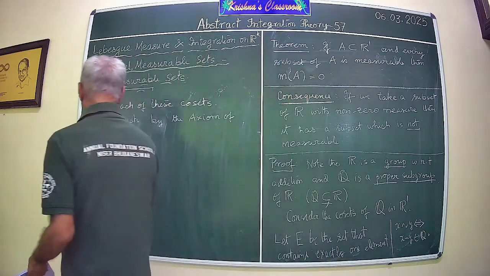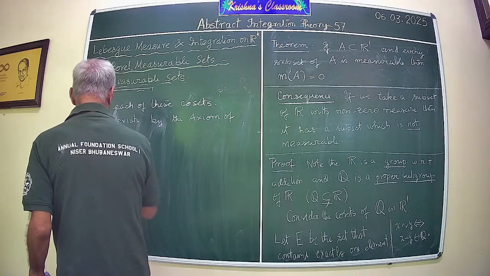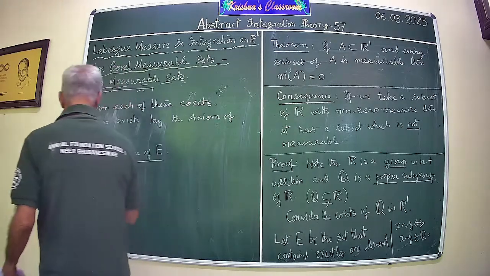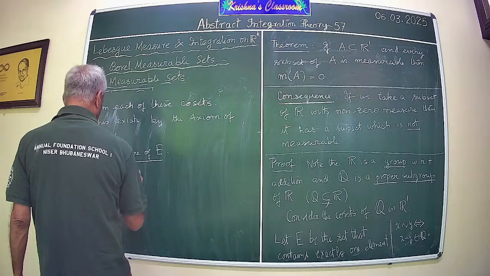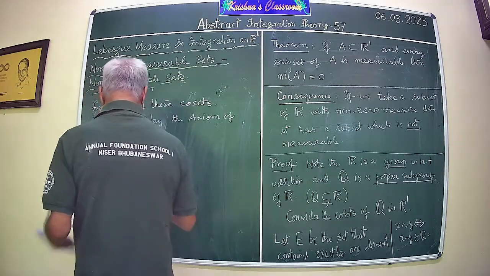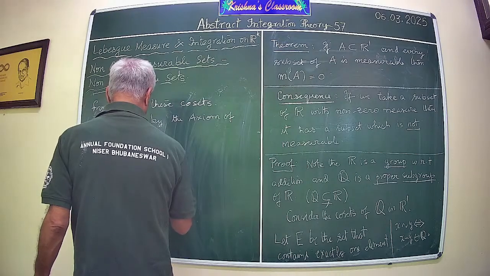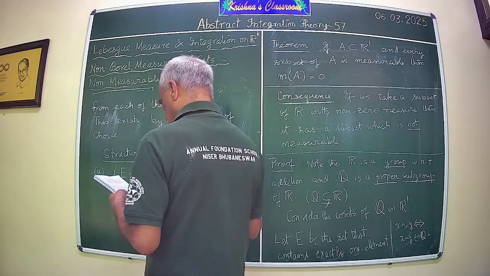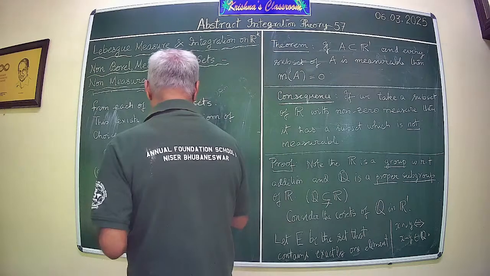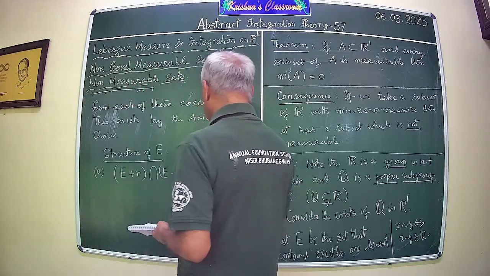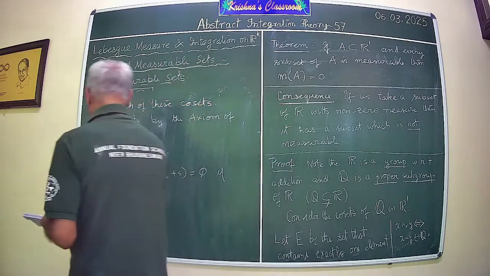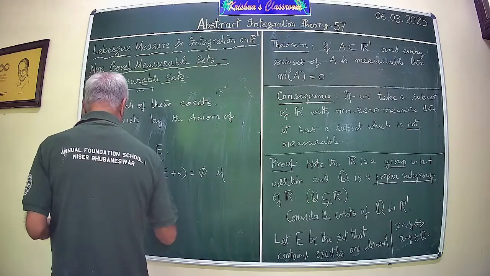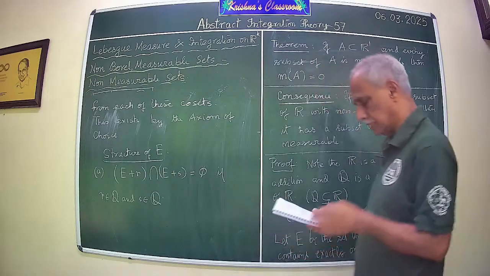Now the structure of it. Let us look at the first property that you can prove: the intersection of E plus r and E plus s is equal to phi, the empty set, if r and s belong to Q, and r is different from s. That is, if r and s belong to Q, then their intersection is an empty set.